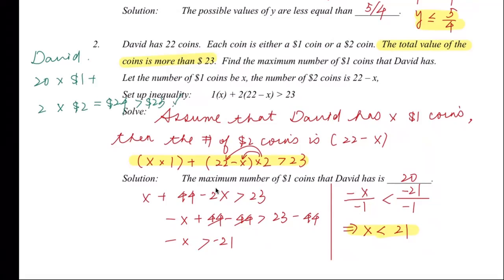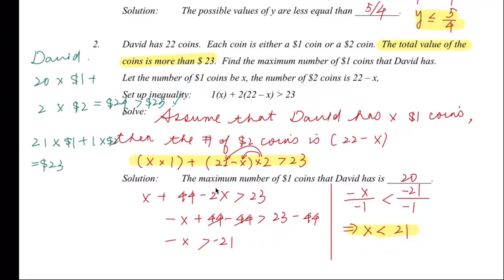Let's try 21. If David has 21 $1 coins, that means he only has one $2 coin, right? This way, he has 21 times 1, which is 21, plus 2 times 1 is 2, $23.